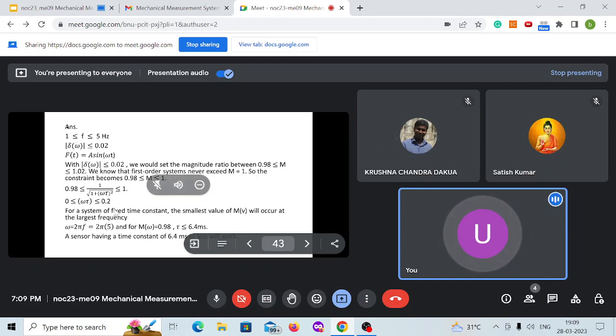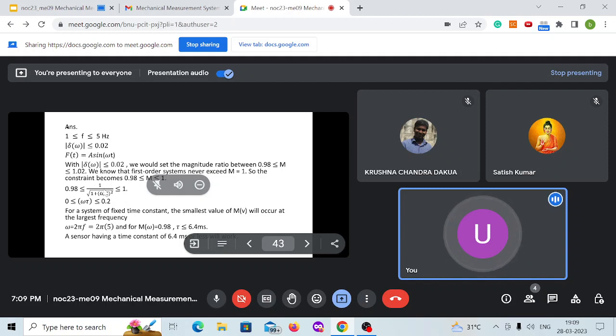We also know that the amplitude ratio in a first order system is 1 by root over 1 plus omega tau square. From here, since the amplitude ratio should lie between 0.98 and 1, omega tau should also lie in a region. For the first case, we take the amplitude ratio as 1.